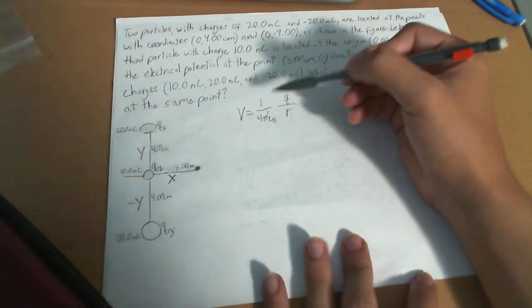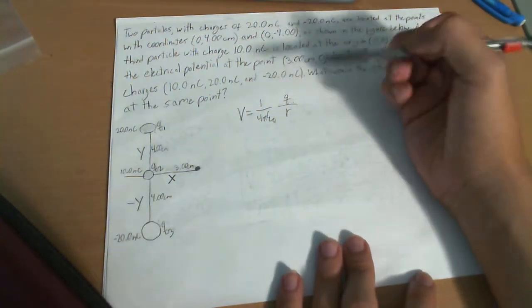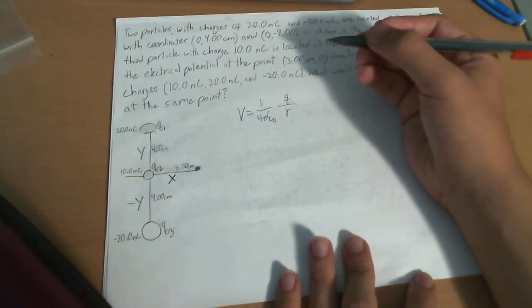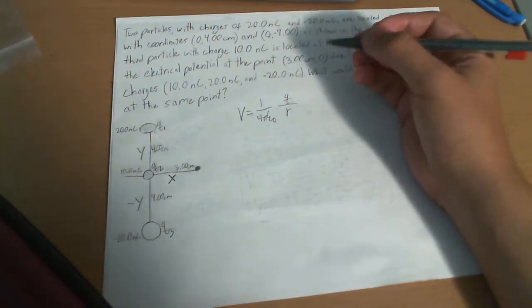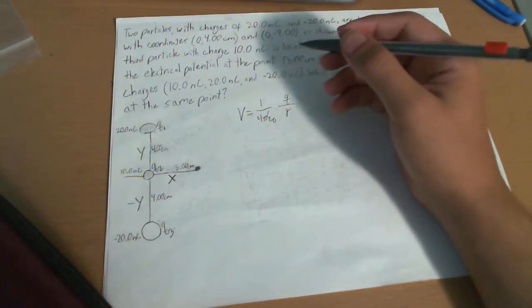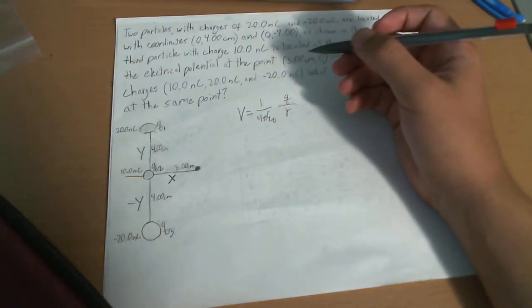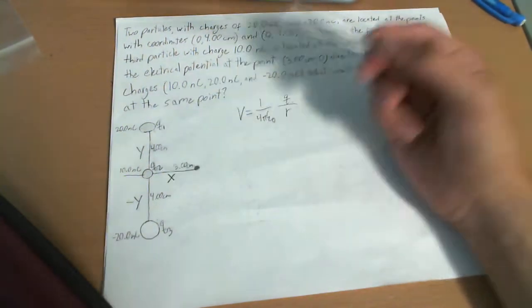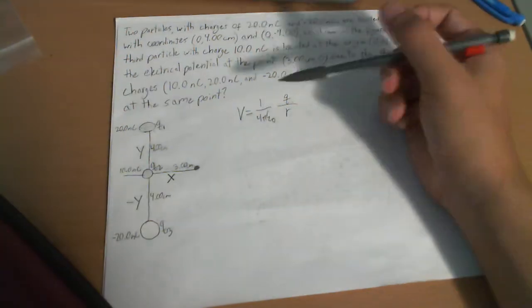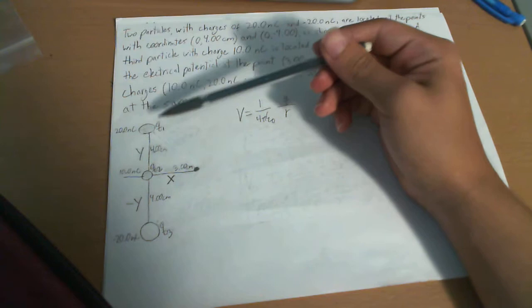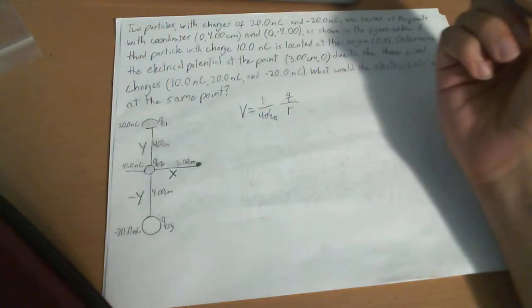Now notice that the electric potential is a scalar quantity. That means it has no direction, so it is not a vector, and we don't have to deal with the more complicated vector operations. And so in this case, where we have 3 point charges, we can simply add the contributions of each to the electric potential.